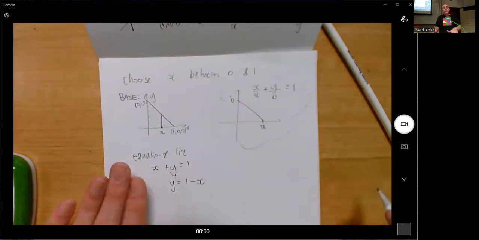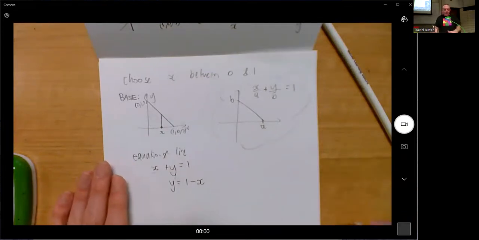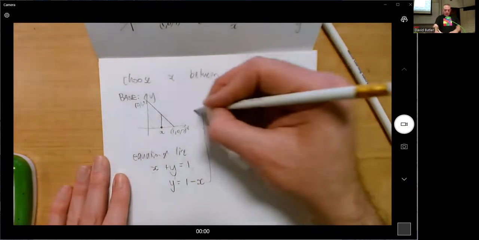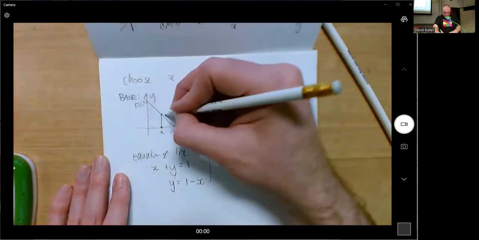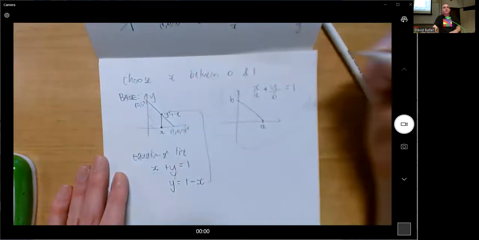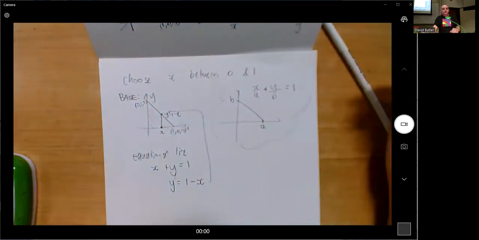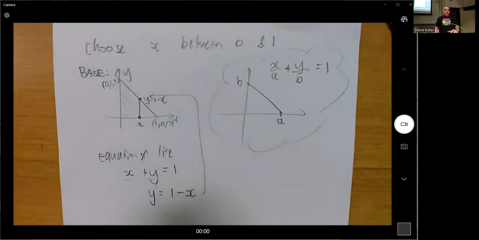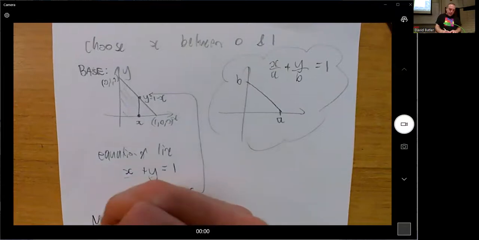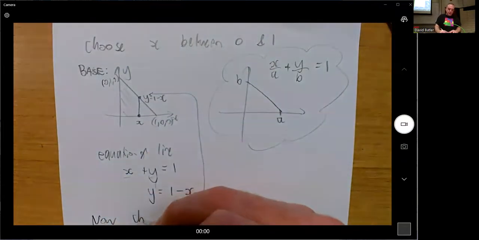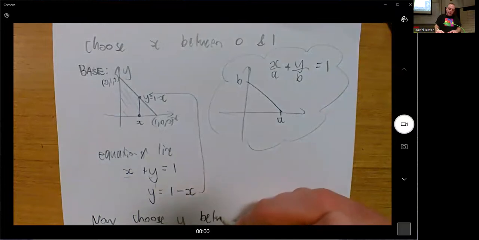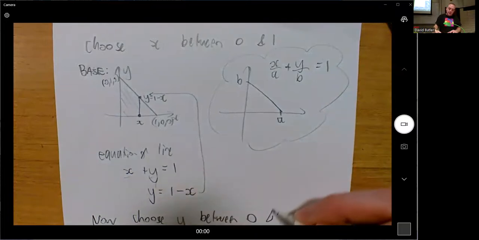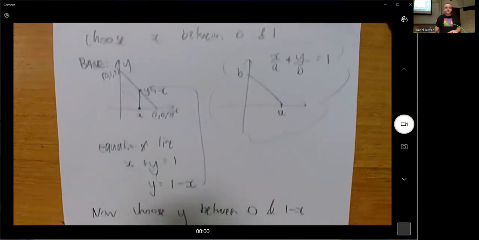And so when I draw my picture, I can add to my picture the information that the y-coordinate at this point is 1 minus x. And so now I choose y between 0 and 1 minus x.